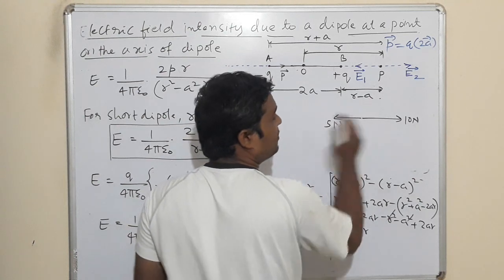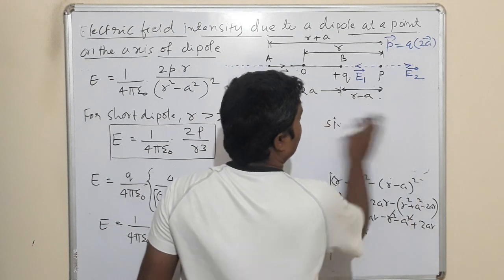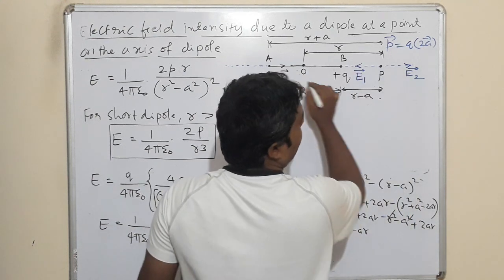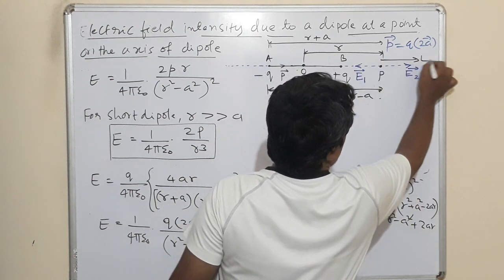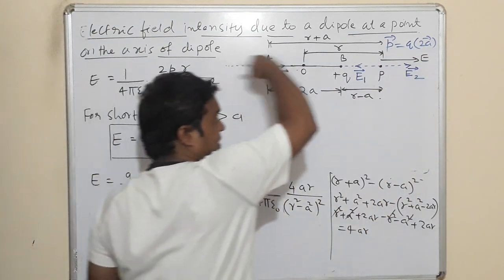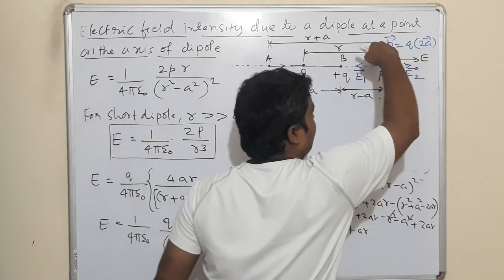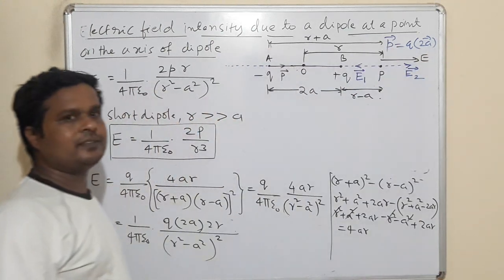What is the direction of that resultant 5? It will always be towards the larger vector. That means the resultant will be along E2, which is along the dipole moment. The dipole moment is also in this direction, and the net field is also in this direction.